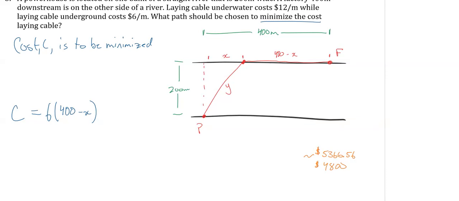What will be the cost underwater? $12 times the distance, which is y. So isn't that going to be plus 12y? So we had to factor in the costs. And now we've got an equation for cost. But what's wrong with our equation? 2 variables. We need 1.